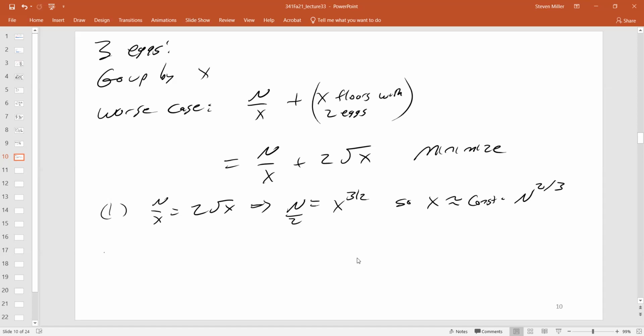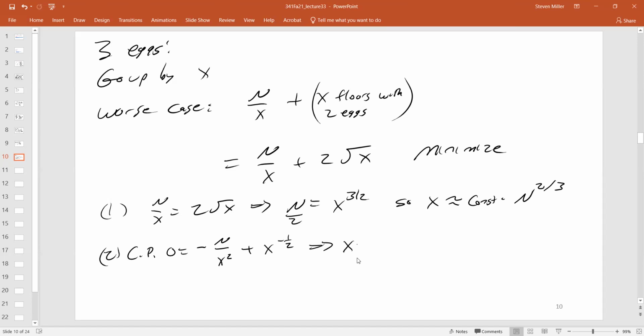Or we could use calculus, and we would get the critical point where 0 is equal to negative N over X squared plus the 2 and the 1/2 cancels, and we get X to the minus a half. So that implies N equals X to the 3 halves.